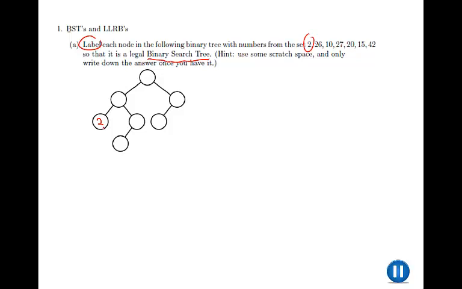You can also think about what's the largest key. In this case, the largest key is 42, and we place it at the rightmost node. So in other words, if you take the list of numbers given and sort it, and then do in-order traversal and place them in order, you would get the in-order traversal in this order here.